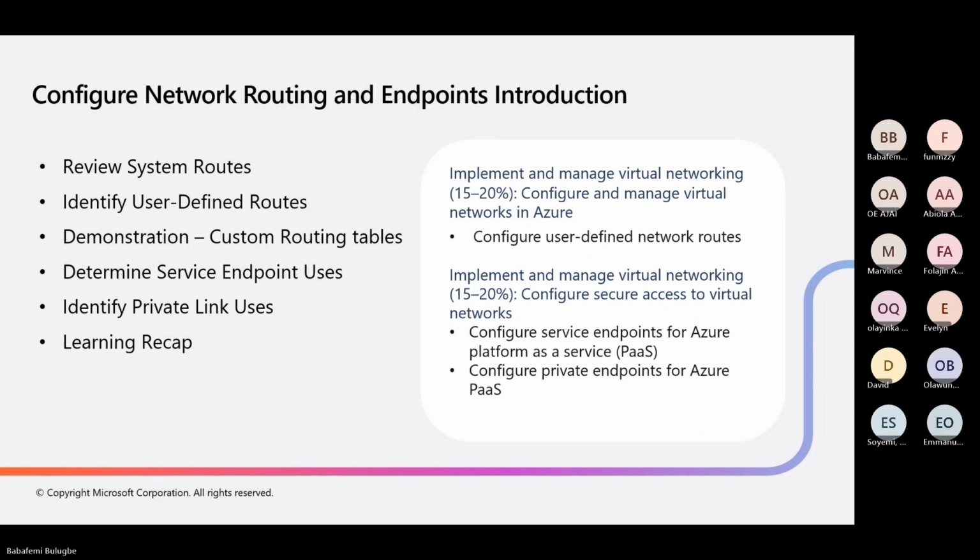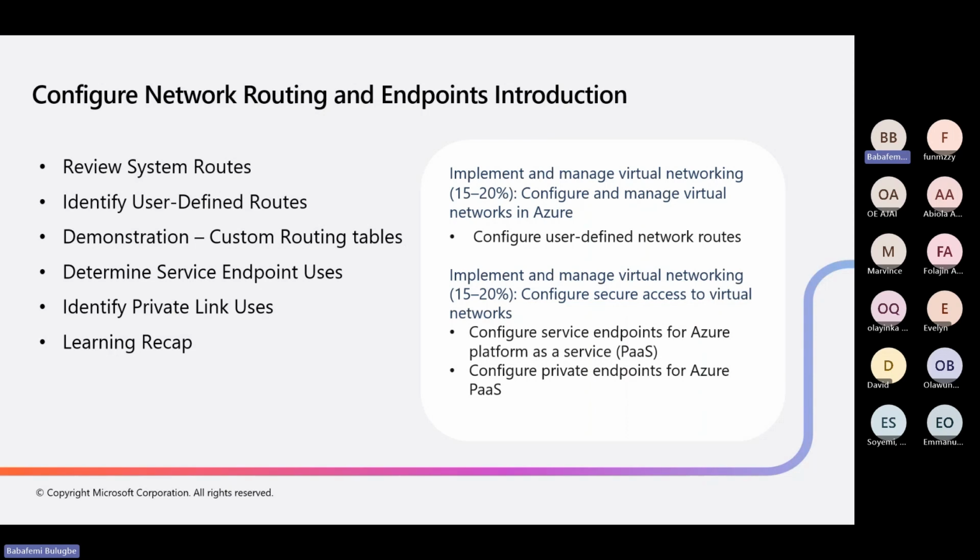It doesn't take an IP address directly. It's not like our virtual machine that you can get an IP address on. So there are some devices that don't take an IP address directly. So you can only assign an IP address to them by configuring what we call a private link on them.